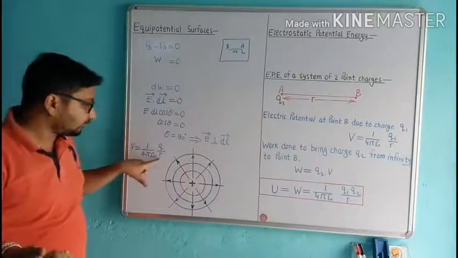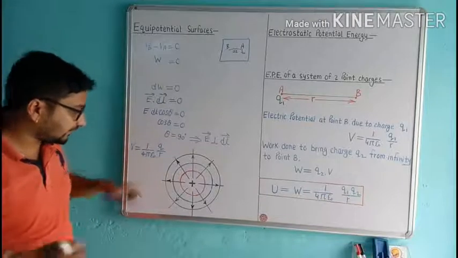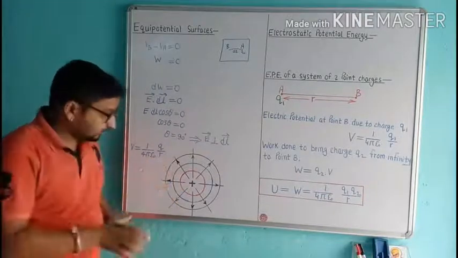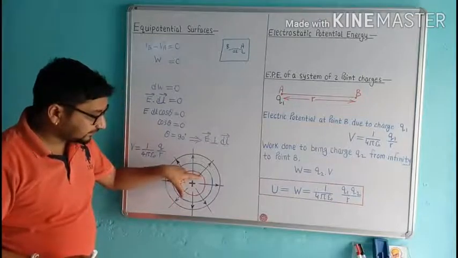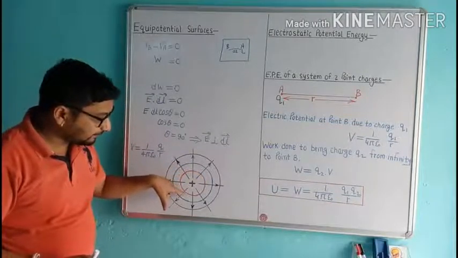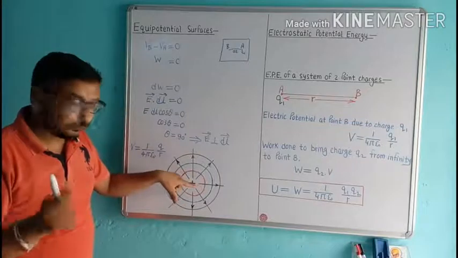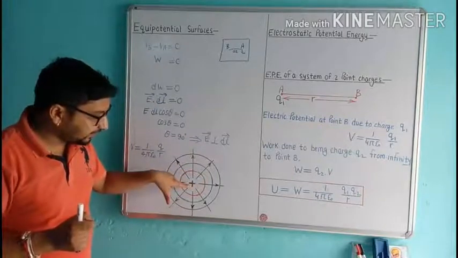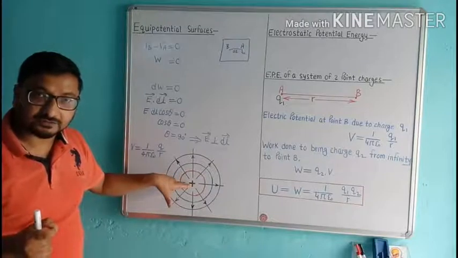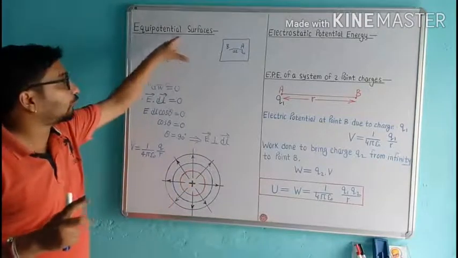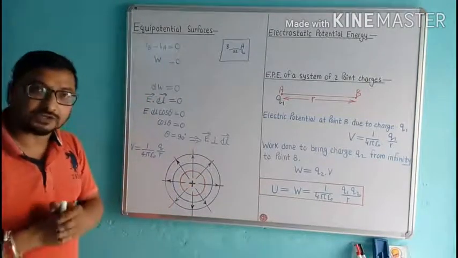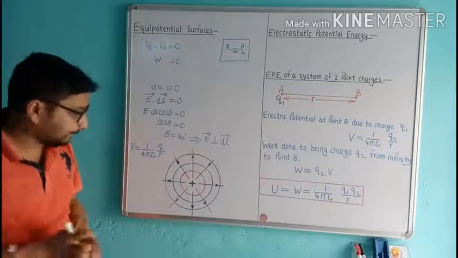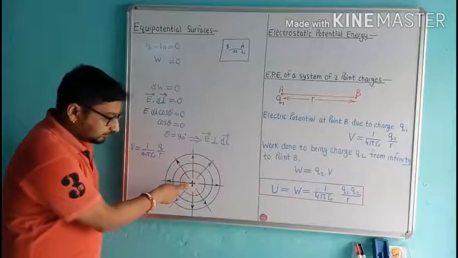That means all points which are at the same distance from the single point charge make an equipotential surface, because they are all at the same potential.